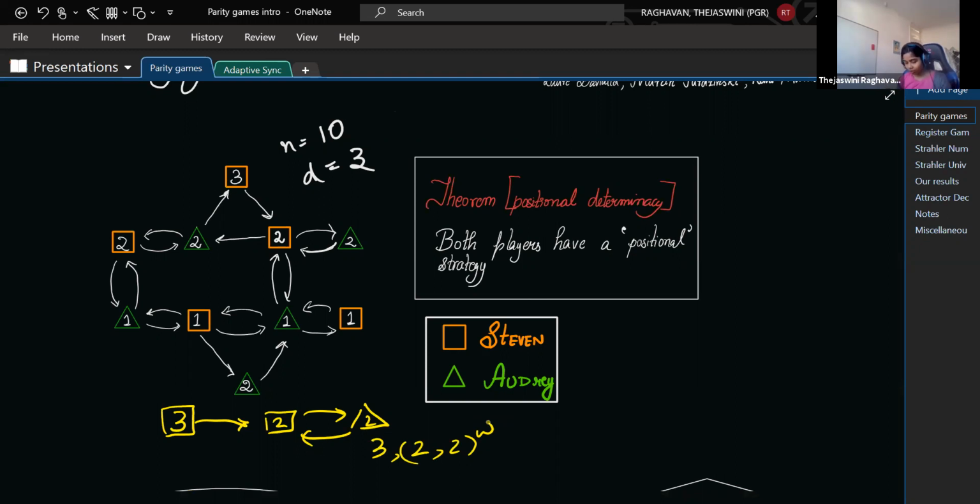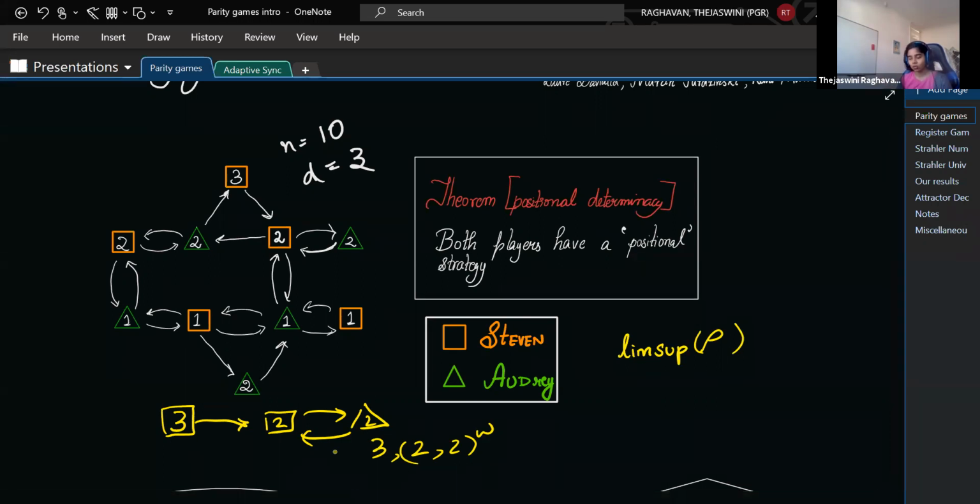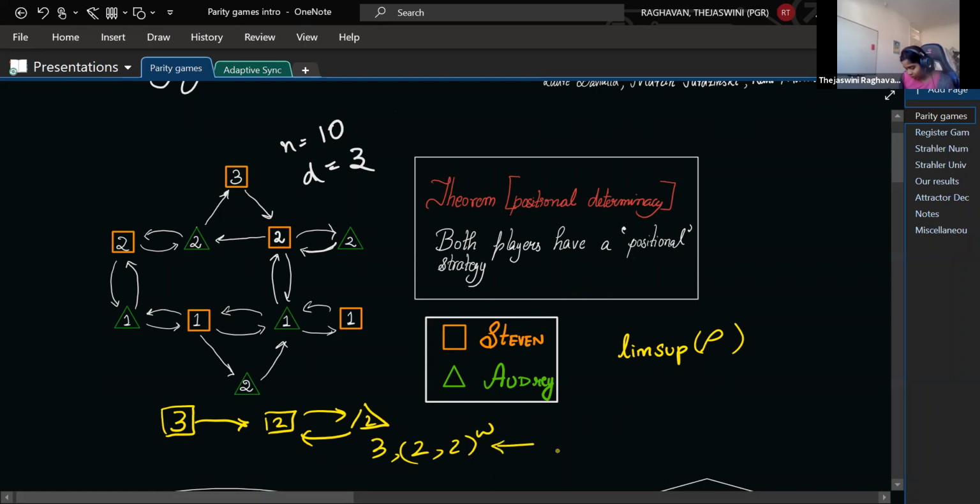The objective of each player is to ensure that the limsup of this infinite play, let's say, has the same parity as that player's parity. What this means is, the limsup of this play is 2, and here this limsup is even.